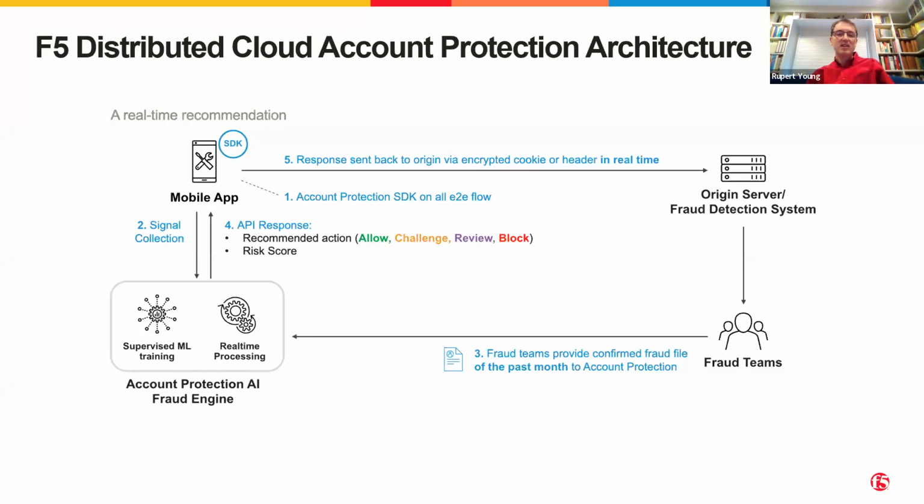These are sent back to our backend engine, and in real time, these are processed by what we call our rule and query engine that looks at what those signals look like. We'll talk in a moment about what those signals are. And then it provides a response back, within hundreds of milliseconds, with a recommendation of allow, challenge, review, or block, and a score. So this all happens in real time.